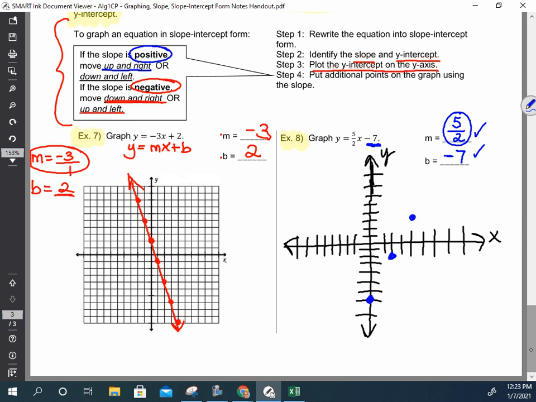Another point. You could also go down and to the left. Now, I can't go down 5 because I'll run out of space. So that's the best that I can do. Draw the line. There it is.